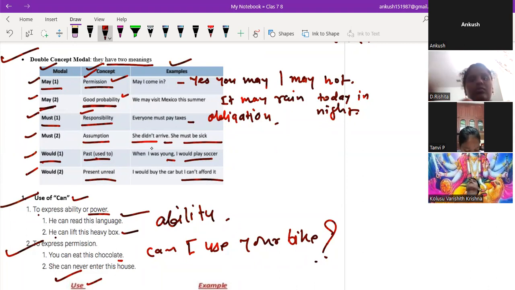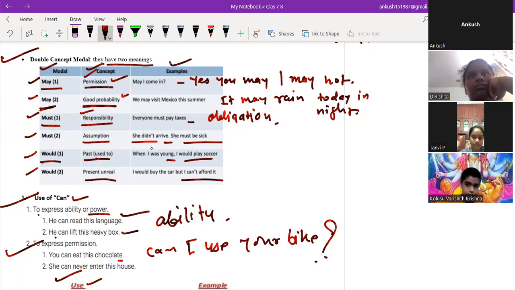For example, you must clean your hands before eating. That is obligation and responsibility as well. Another must is used for assumption, just like prediction. Did you get it?